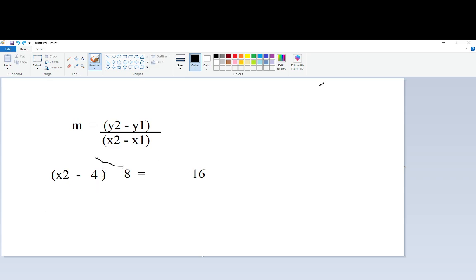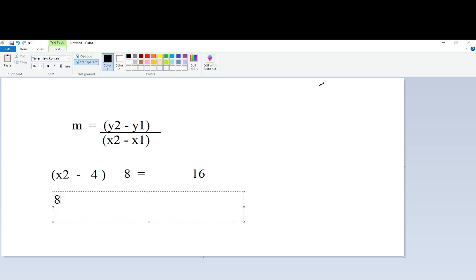We can also multiply it through like this. So 8 times x2, that's just a unique number. We can call it x now, it's the missing thing. And 4 times 8 is 32, is equal to 16. We're going to add 32 to both sides. 16 plus 32 is indeed 48.